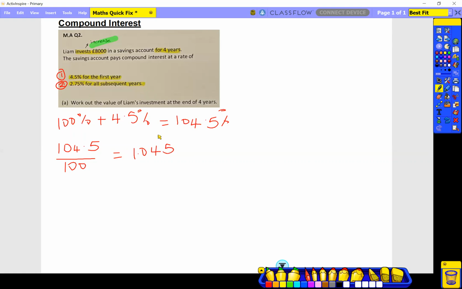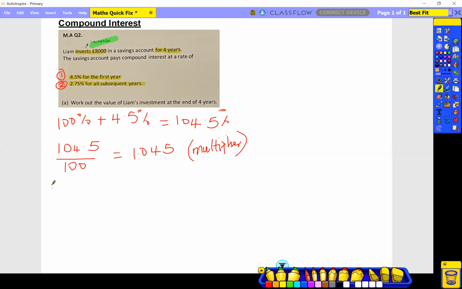I have done some videos on how to change percentage to decimal. Our multiplier is a decimal. Okay, if it's a decrease, you will be subtracting.